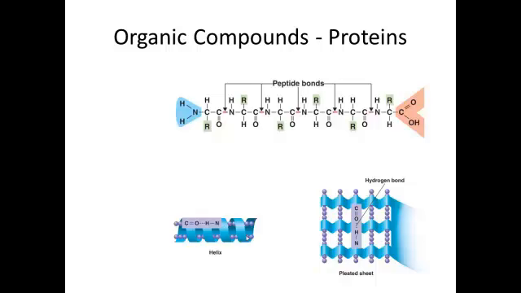Now, if you want the protein to be very rigid, very stiff, then you can form a pleated sheet. That's where the primary structure goes back and forth, makes a U-turn, comes back and forth, and we're forming hydrogen bonds between the different pleats. Proteins that are very stiff, that are very rigid, have lots of beta pleated sheets. Now, over here with the helix, one thing I forgot to mention, they're stabilized by hydrogen bonds.